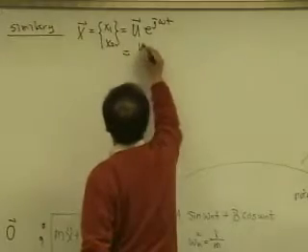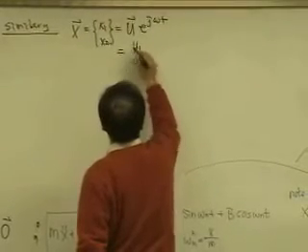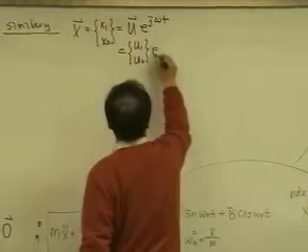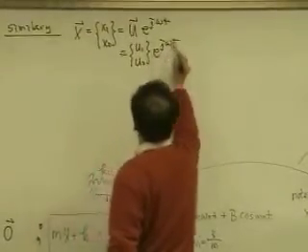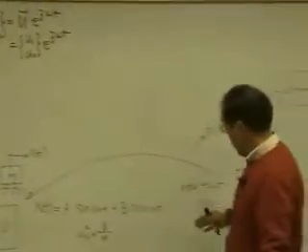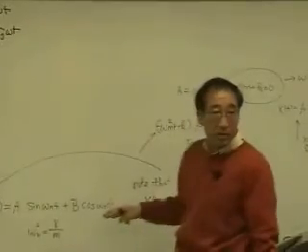In other words, I have u1 and u2 exponential j omega t. Okay? I'm doing the same process.